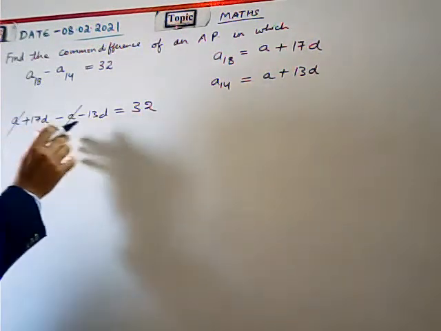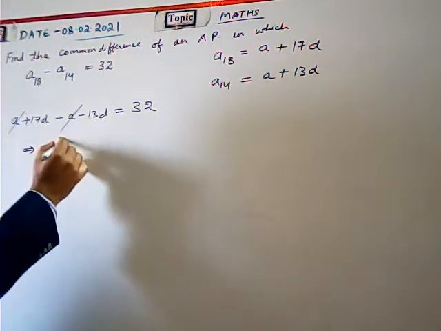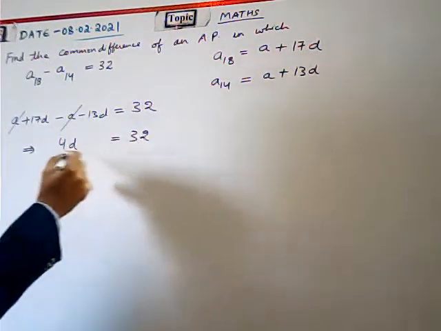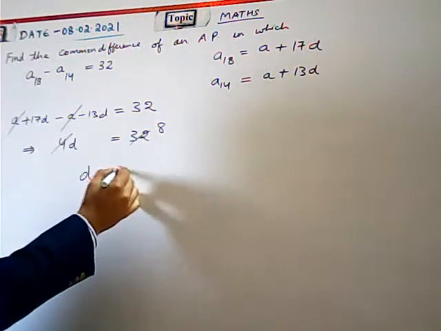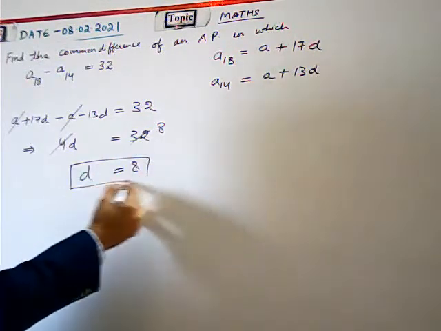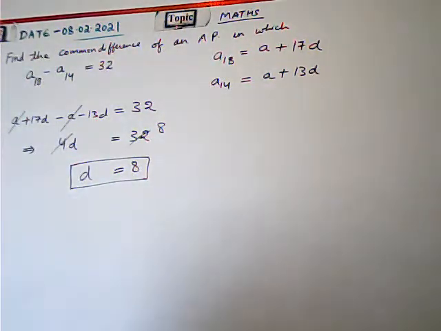A and A get cancelled. So we have left here, this implies that 4D is equal to 32. And 4 ones are 4, 4 eights are 32. Therefore, the required value of D is 8. Right?